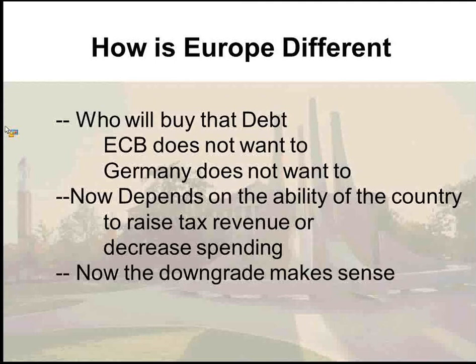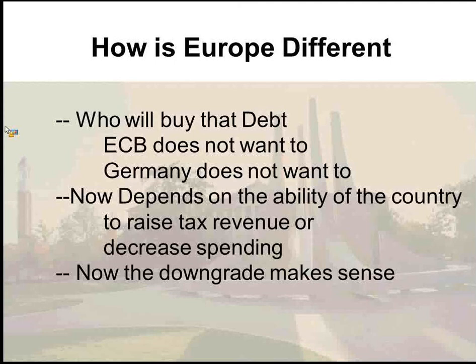Recently, just in the last week or so, Standard & Poor's once again has started to downgrade European debt, and now the downgrade makes sense because the European Central Bank has not indicated that it's going to be willing to monetize the debt of all of those countries, and the individual countries are not real crazy about buying that debt, and there have been a lot of disagreements in the group that has come together on how they're going to buy that debt.